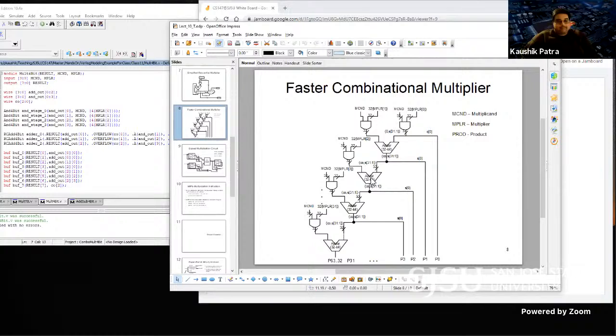This is an example of a 32-bit multiplier. But in this class, let me pick a smaller multiplier, a 4-bit multiplier. For a 32-bit multiplier, we need a 32-bit adder. Similarly, for a 4-bit multiplier, we need 3 4-bit adders, and we need to connect them together.